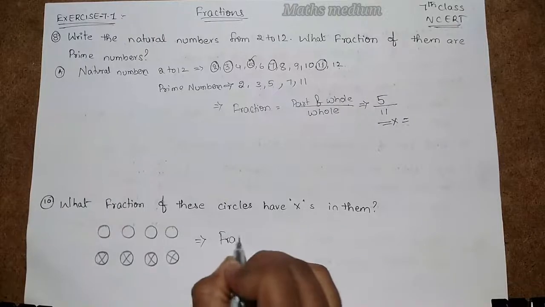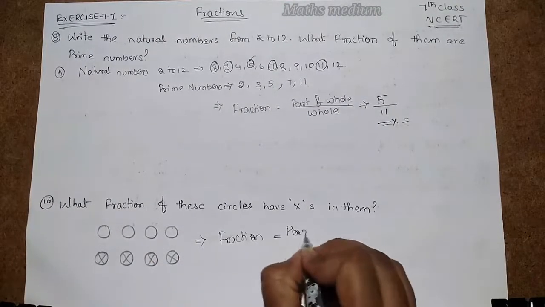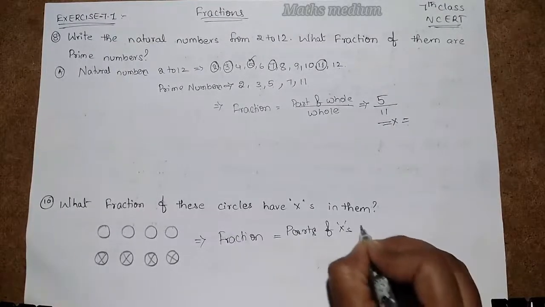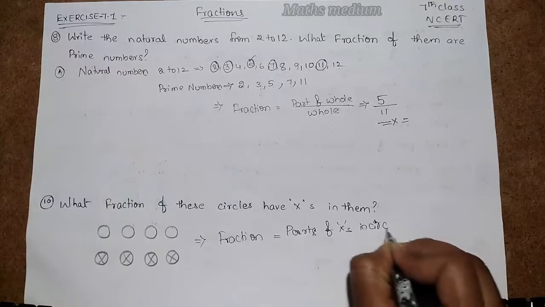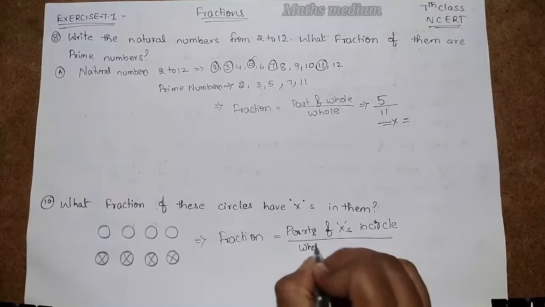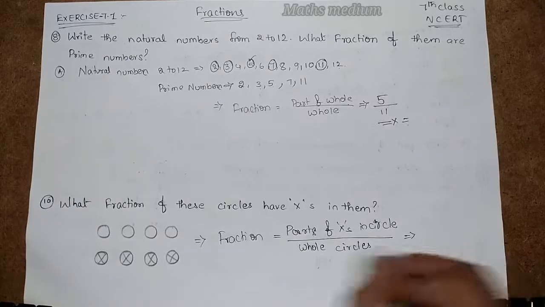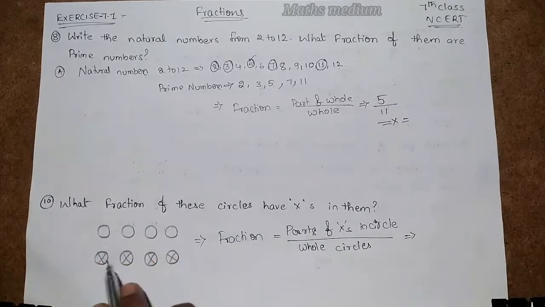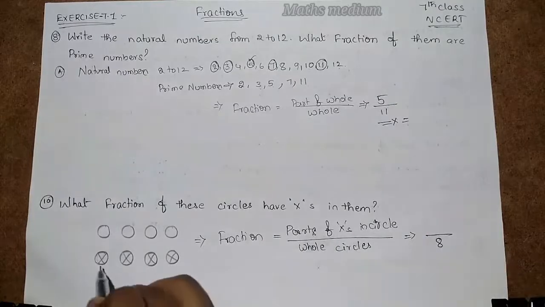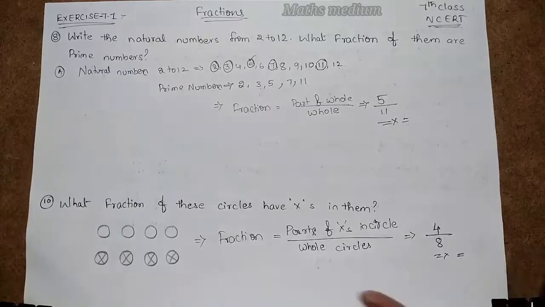So fraction is equal to part of x's in circles divided by whole circles, that is nothing but the number of circles. So 1, 2, 3, 4, 5, 6, 7, 8. 8 circles are there. And how many x's are there? 1, 2, 3, 4 are there. So 4 by 8. This is the representation of a fraction.